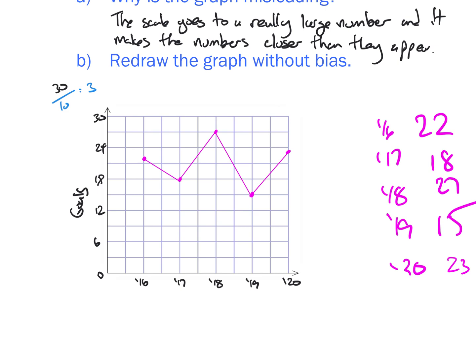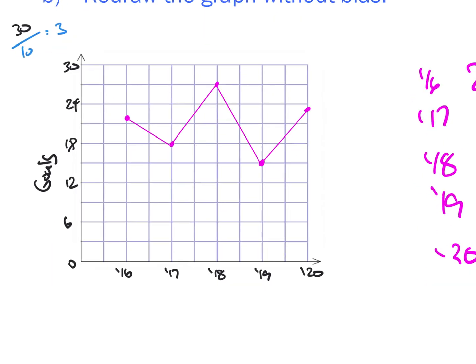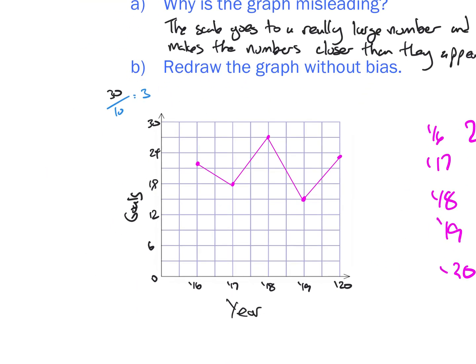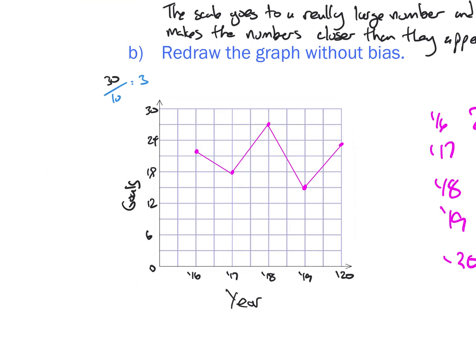And of course, we do need a label along the bottom, so the bottom is going to be the year. And the title for the graph is Goals by Hockey Player, so we'll write the same title up here, Goals by Hockey Player.